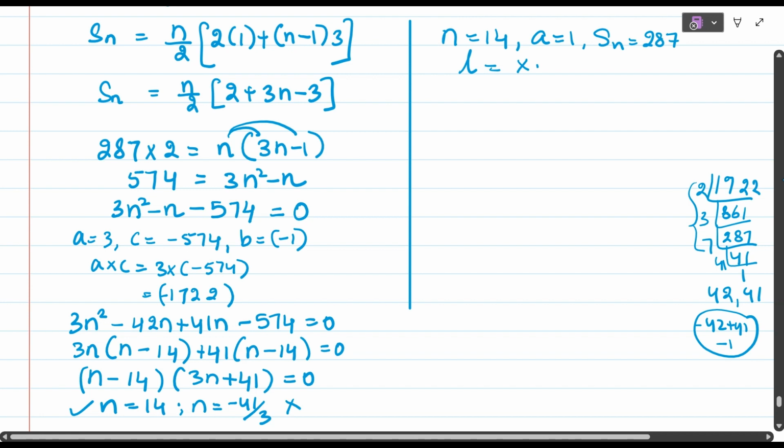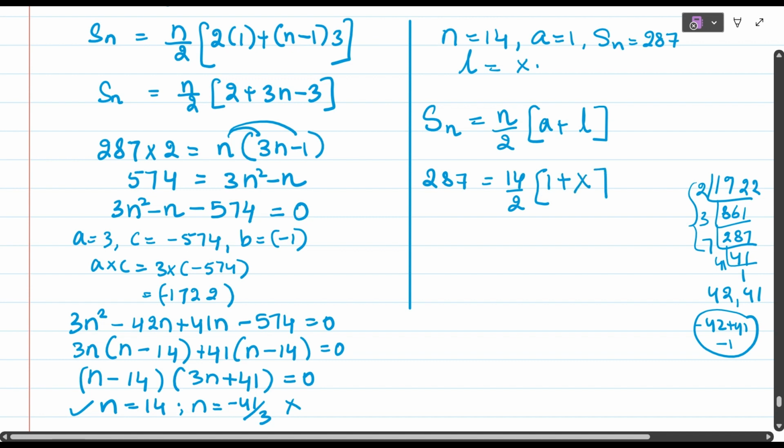And the last term they have given is x, students. Now we have to find the value of x. What is the formula for the sum of terms in terms of the last term? Sn is equal to n by 2 into a plus l. This is our formula. Apply all the values to find the value of x, students: 14 by 2 into 1 plus x.